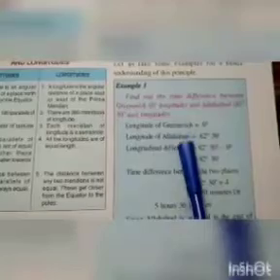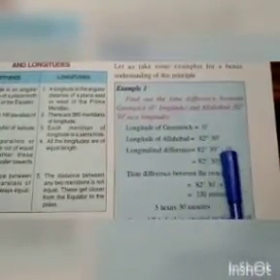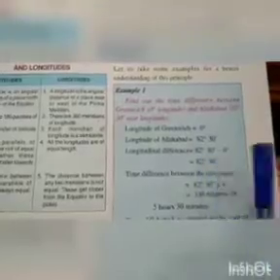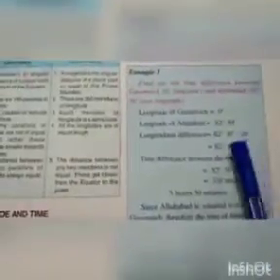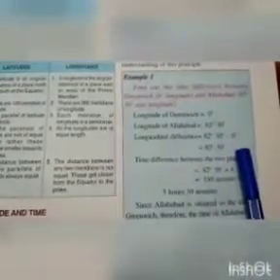Now the longitudinal difference is 82 degrees 30 minutes minus 0 degrees, that's 82 degrees 30 minutes, the longitudinal difference between Greenwich and Allahabad, right?